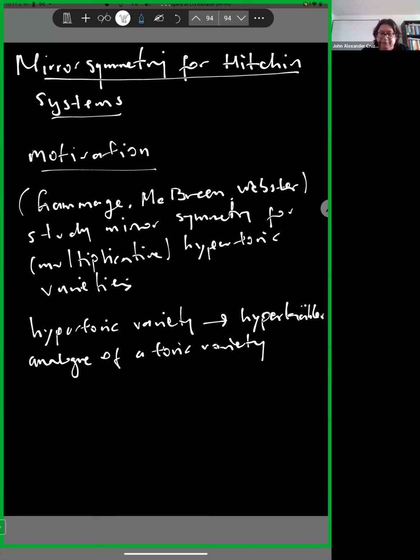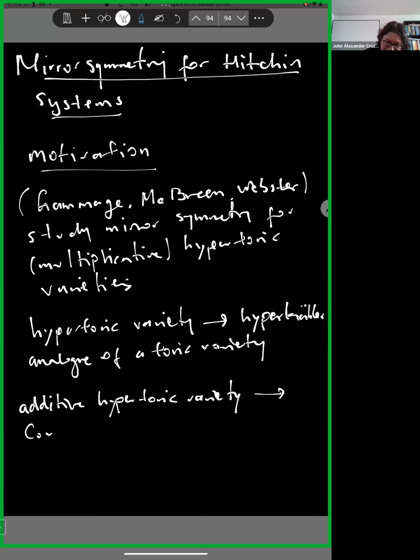And there are two types of hypertoric varieties, the so-called additive hypertoric varieties. These additive hypertoric varieties are the Coulomb branches of three-dimensional N=4 gauge theories we discussed last time.